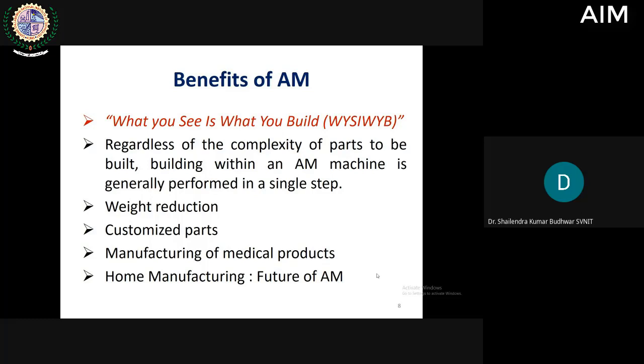So it may be possible that in coming days your FDM printer may become your home appliance, and you can fabricate any type of day-to-day usable part, like your toothbrush, your comb, any type of plastic or polymer parts, easily. The only condition is that you should have a 3D CAD model of that part.